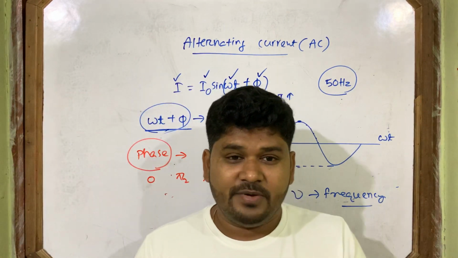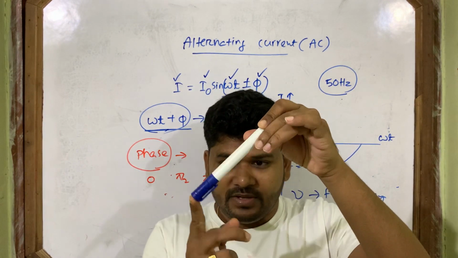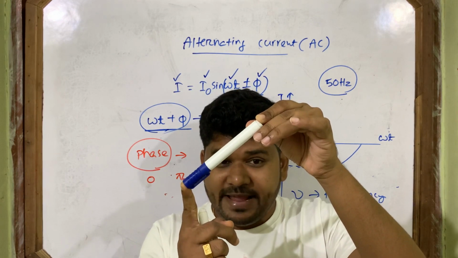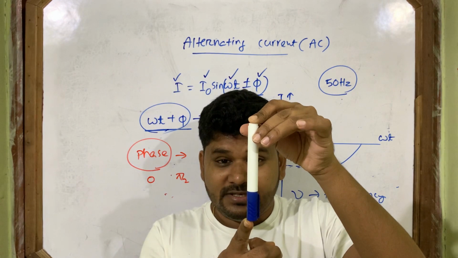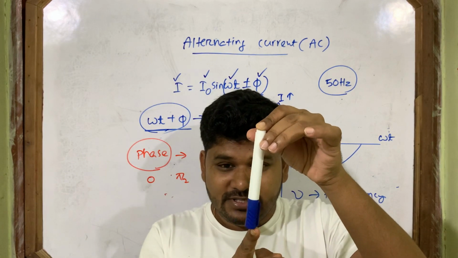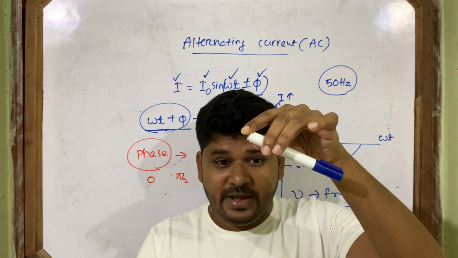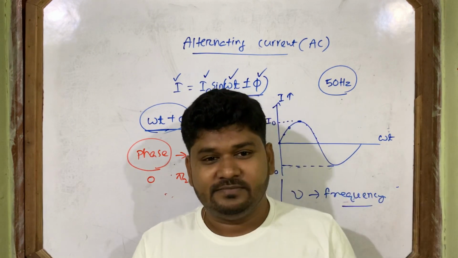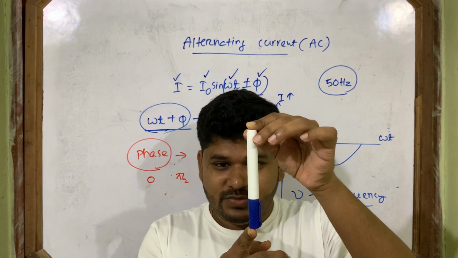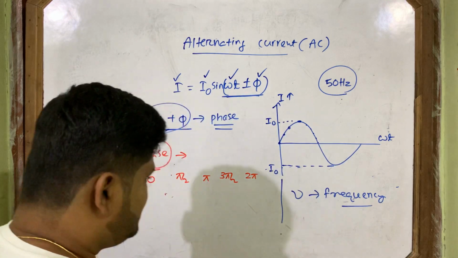Similarly, in time period form, the total oscillation takes capital T time. Starting from here, this is 0, this is T by 4, this is T by 2, this is 3T by 4, then this is T. Again I am telling: 0, T by 4, T by 2, 3T by 4, T. So I am writing in terms of fraction of time period.